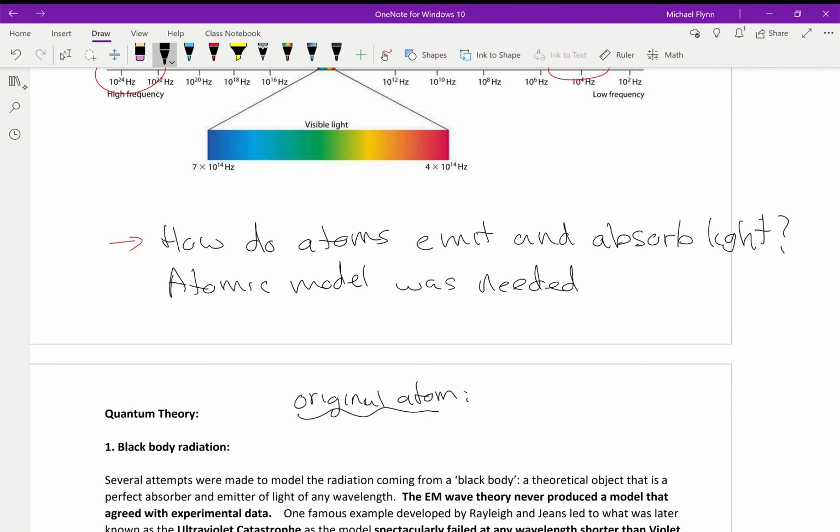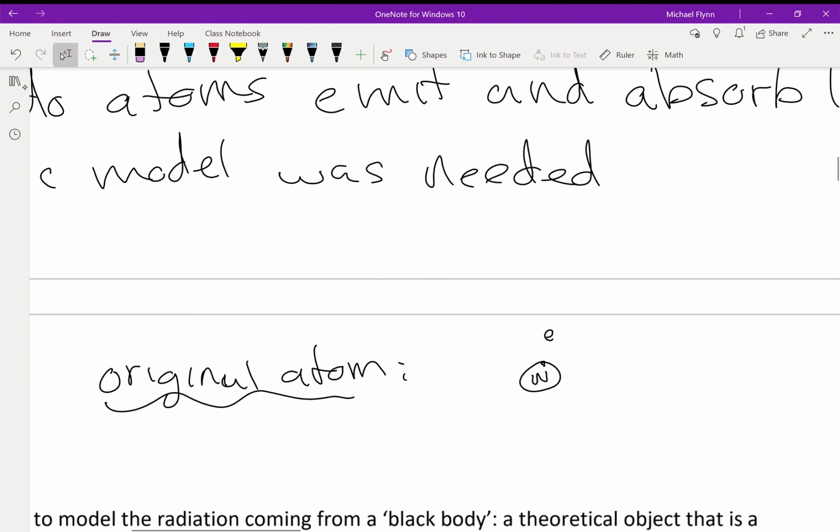So the original idea was that here you have your nucleus, and the electrons were actually orbiting, whipping around your nucleus, sort of like the planetary model.